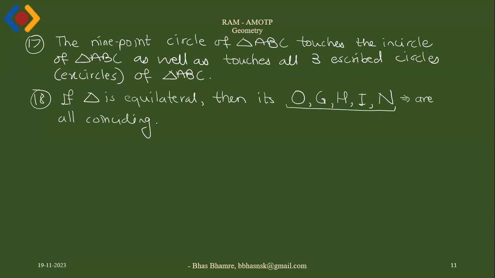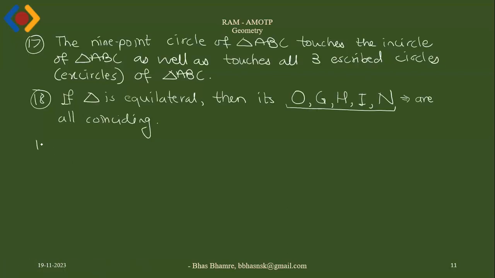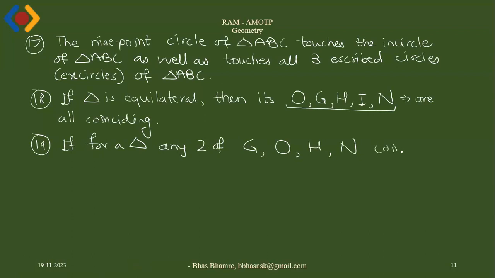It is very typical that if for a triangle any two of centroid, circumcenter, orthocenter, 9-point center coincide, then the triangle is equilateral.